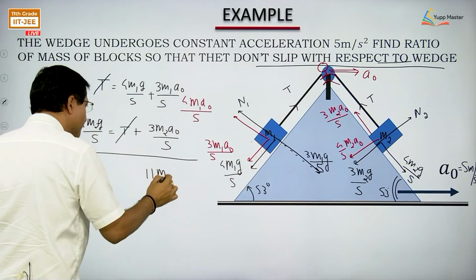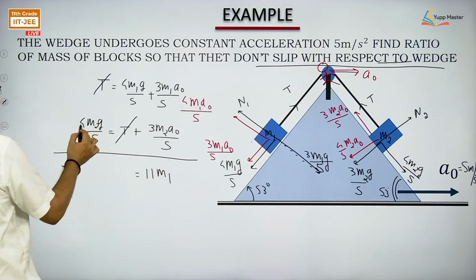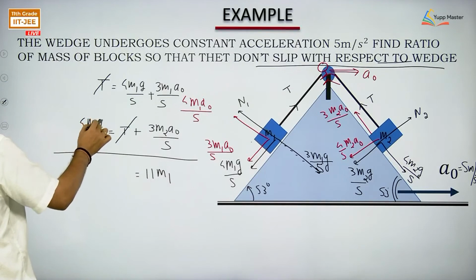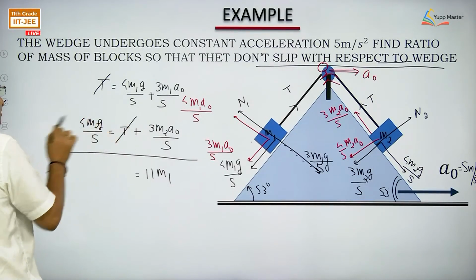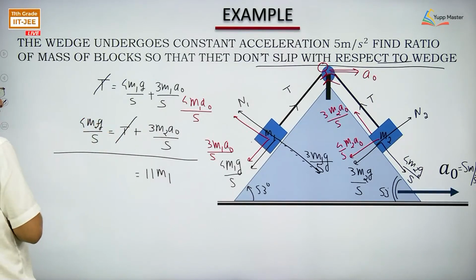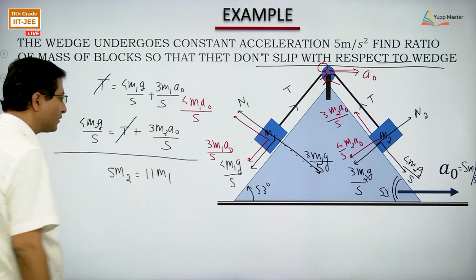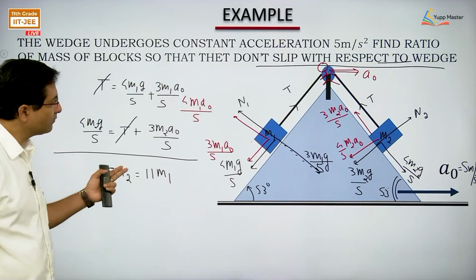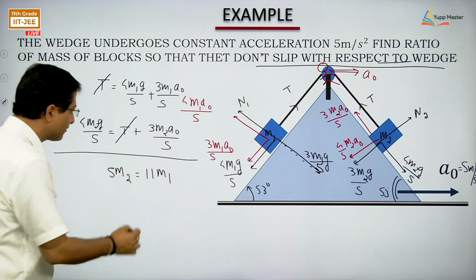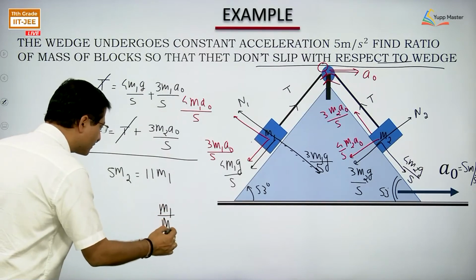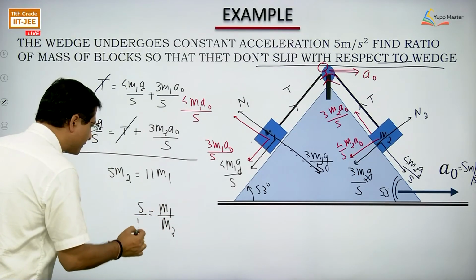M1, and this term will come this side, and then you are going to get 2 into 8 minus 3, 5 M2. So after simplifying these two, you are getting 5 M2 is equal to 11 M1. That means M1 by M2 is 5 by 11.